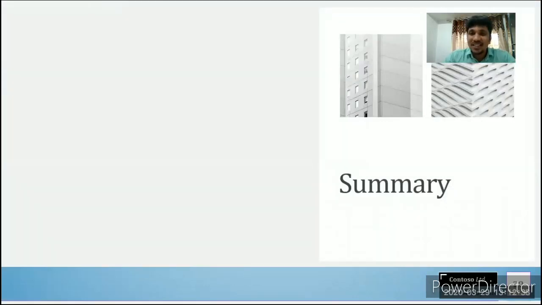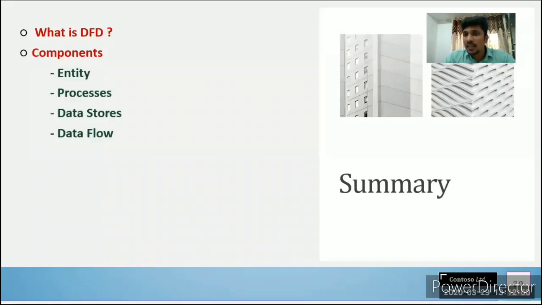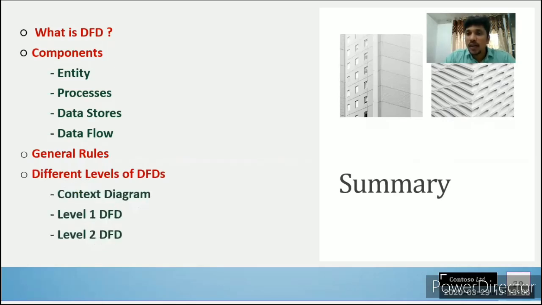As we summarize the entire slide, you have seen from the beginning what a data flow diagram is and its different components, such as entities, processes, data flows (the arrows), and data stores in which data are stored, and the general rules to be considered for creating a data flow diagram, and the different levels of DFDs, such as the context level diagram, level 1 diagram, level 2 diagram, etc. I hope you understood the purpose of a data flow diagram and how to create one in this small period of time.